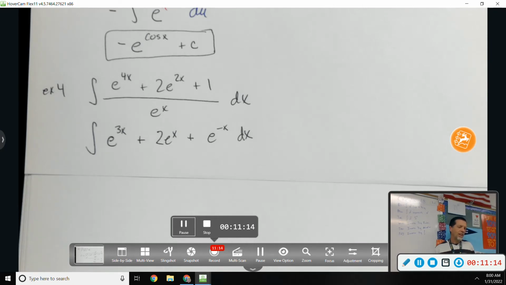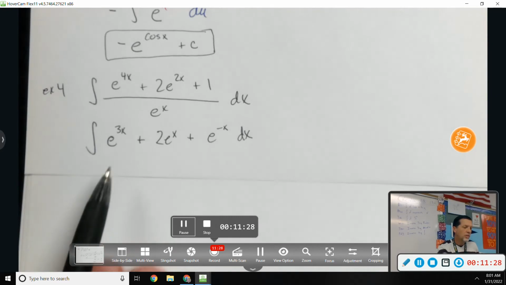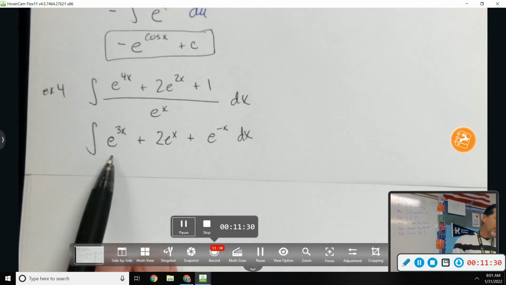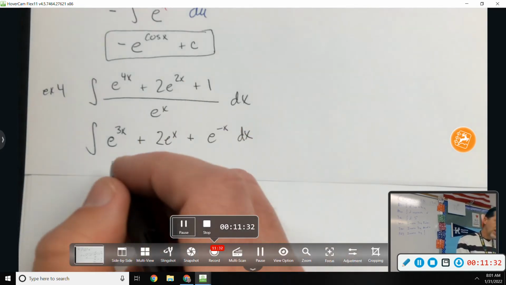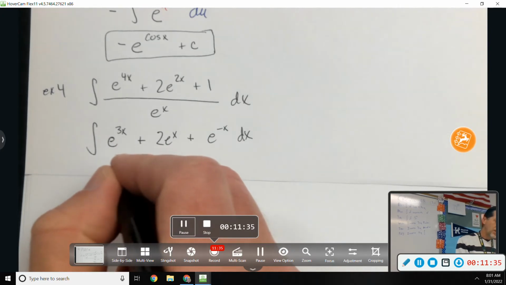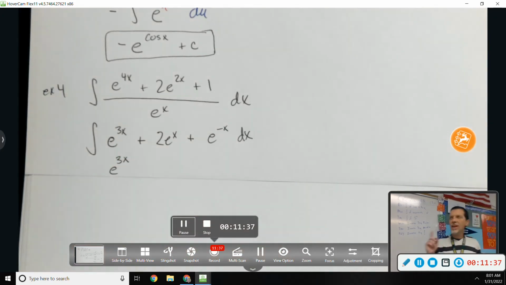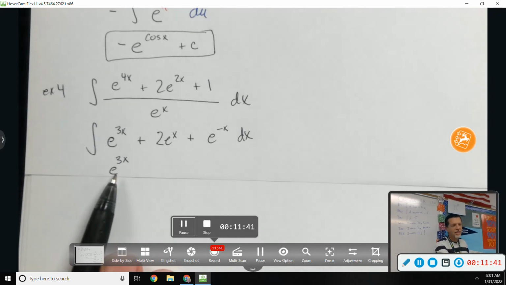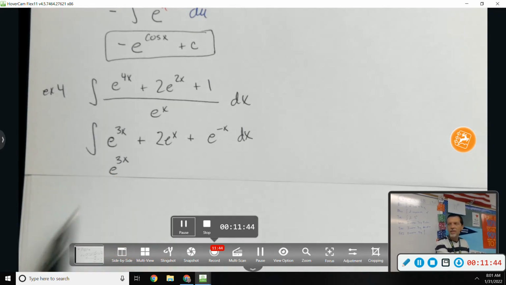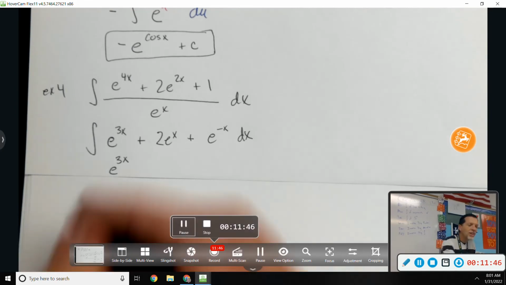All right, in some ways that's 3 separate u substitution problems, but they're easy u substitution problems, so maybe I can get by without writing out the u substitution. What do we think the antiderivative of e to the 3x is going to be? It's got to be e to the 3x, but now if I'm thinking backwards, if I take the derivative of e to the 3x, I'm off by a 3, so I need a 1/3.